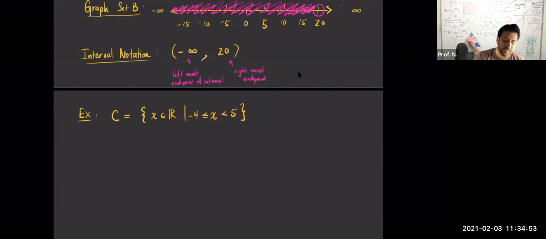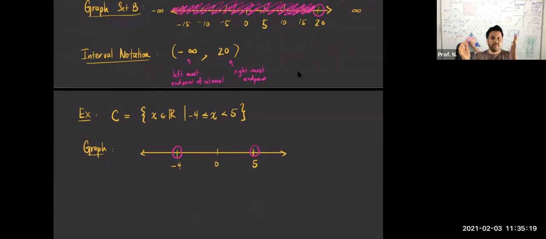So if I graph this, what do I get? -4 somewhere here. 5 is somewhere to the right of it, right? You got 0 in between if you need a reference point. Then I know that 5 and -4 are the endpoints. I have to shade everything in between because that's what x is in between. However, I don't include 5 because x is strictly less than 5.